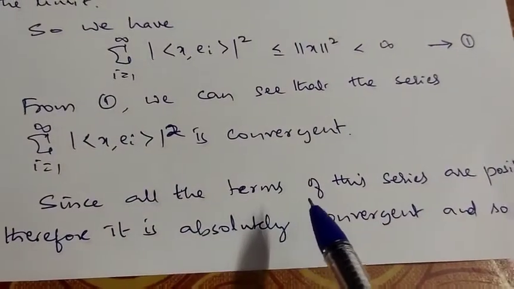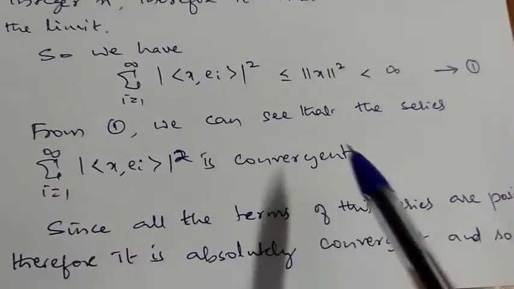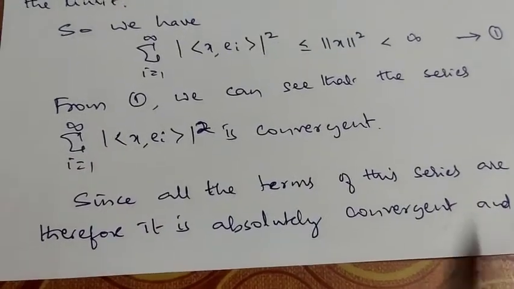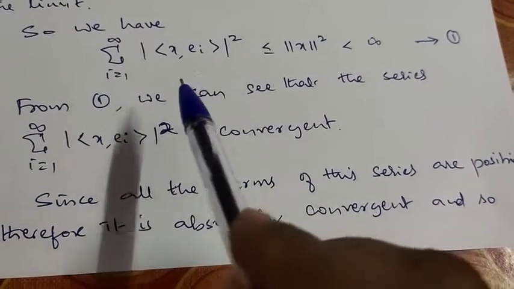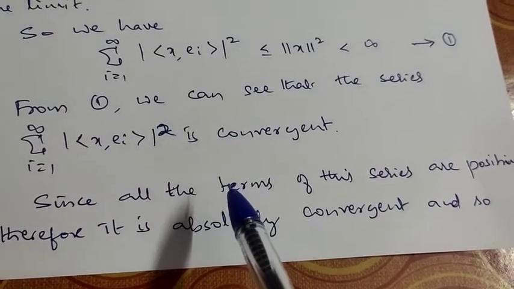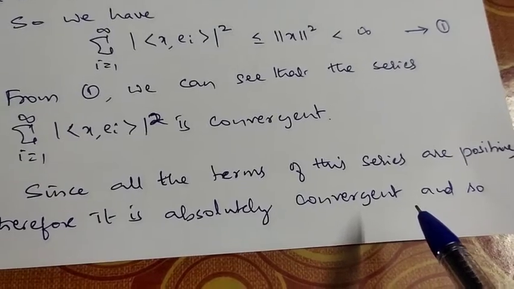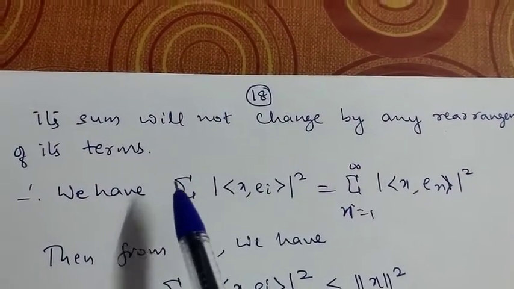Since all the terms of this series are positive, definitely, because we have taken the absolute value, it is absolutely convergent. And if it is absolutely convergent, its sum will not change by any rearrangement of its terms.